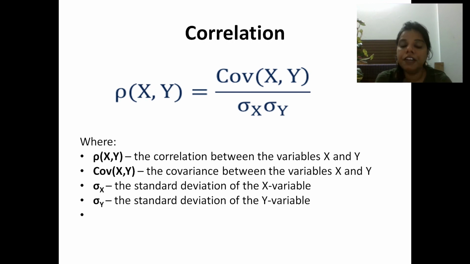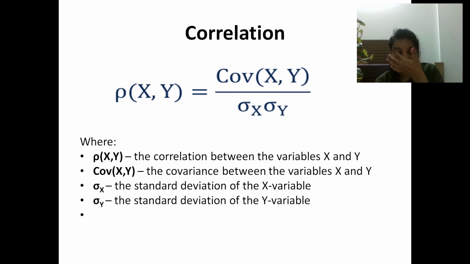If the calculation of the covariance between the two variables shows a positive value, it means they have a positive linear relationship. If the covariance between x and y is negative, it means there is a negative linear relationship.